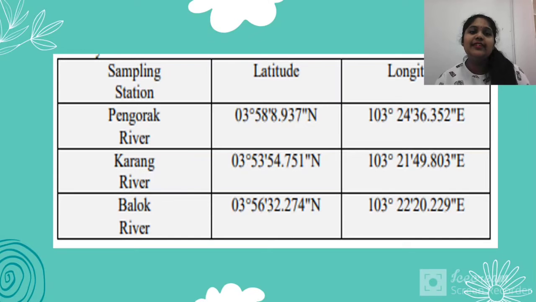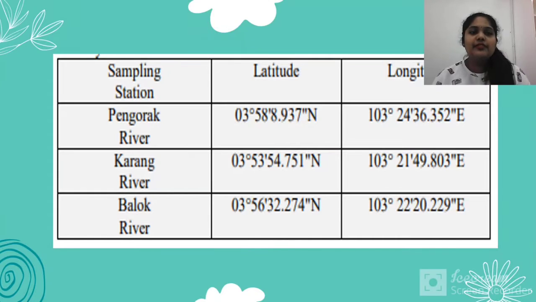These are the 3 sampling points: Pongora River, Karang River and Balok River. These rivers are situated in the Kuantan River, but the sampling points are at different latitudes and longitudes, as you can see here.